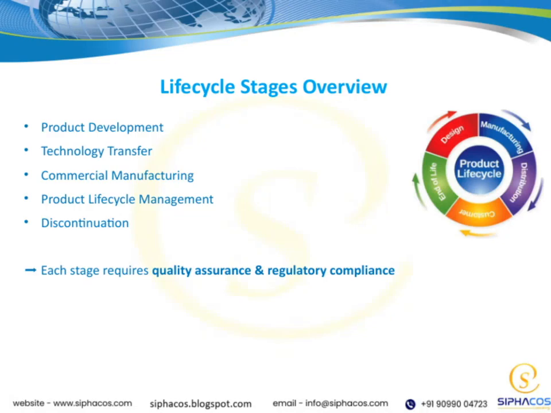Let's take a closer look at the life cycle stages overview. First, we have product development, which is the creative phase where ideas turn into tangible products. Next is technology transfer, a critical step where we ensure that the processes developed are accurately transferred from development to manufacturing, maintaining quality throughout.